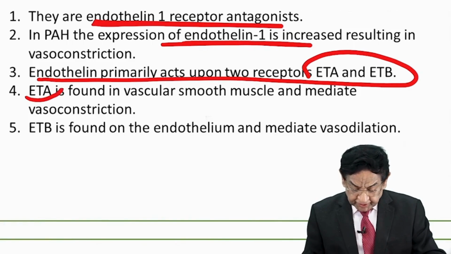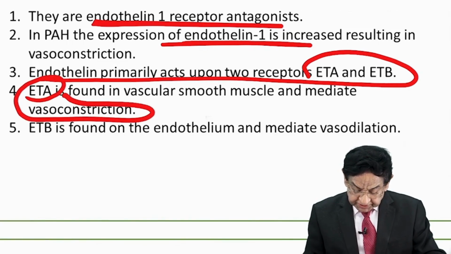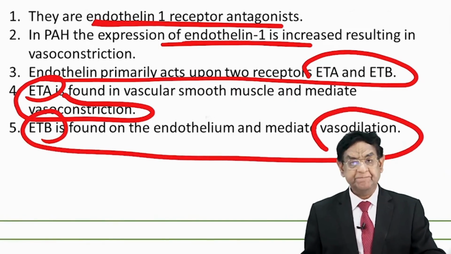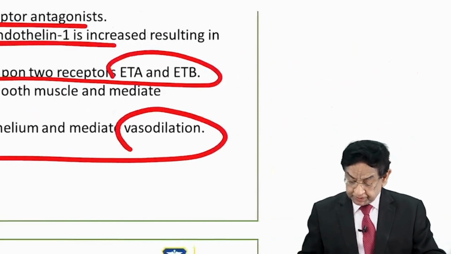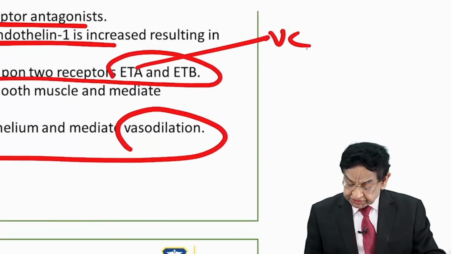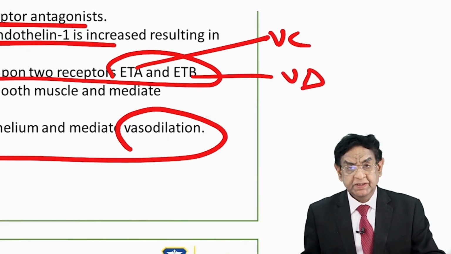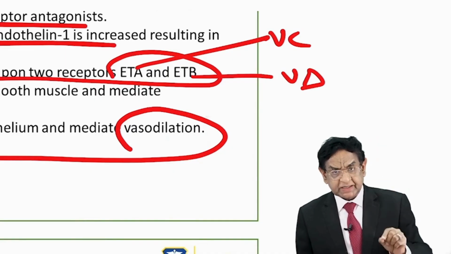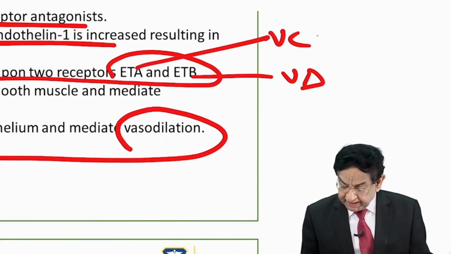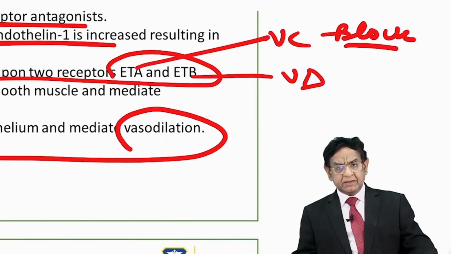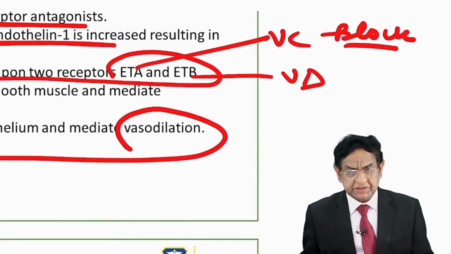A is the one which leads to vasoconstriction. B is the one which leads to dilatation. So, A is vasoconstriction and B is vasodilatation. These drugs, bosentan, they mainly block the receptor which is vasoconstrictor.